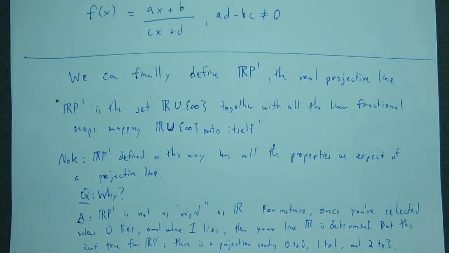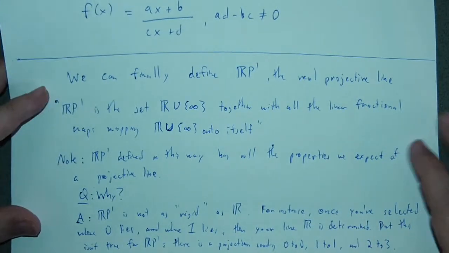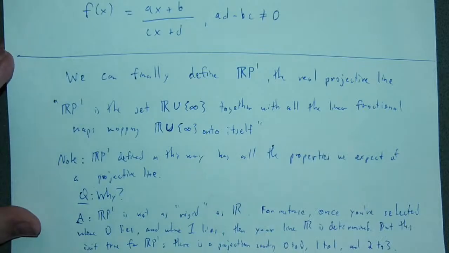And I'll get into that a little bit later, because if you've seen any topology, depending on what setting, like I said, you've come across this kind of thing before, you may have seen some different terminology associated with this, and I wanted to at least mention that for a couple minutes. Okay, and so RP1 is this line. Now, or is this set. It's R union a point not on R that we're calling infinity.